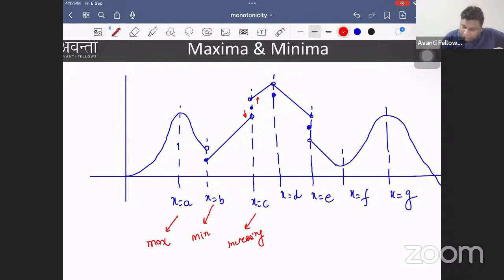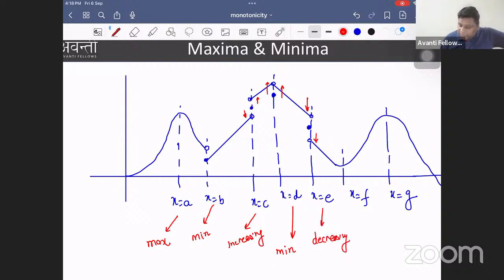But in the neighborhood of d, it is going up on the right and the left is also going up. So it is a point of minima. Minima at x equals d. Now, at x equals e, what is happening? The left value is greater. Do you see that? The right value is lesser. So it is decreasing. Decreasing at x equals e.